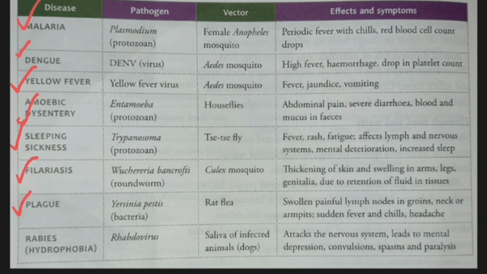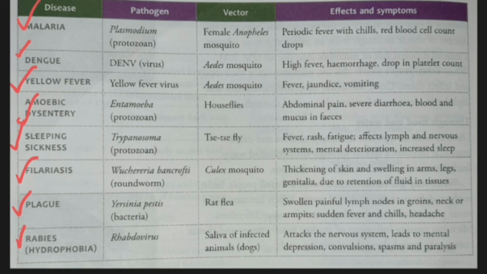And the next and final disease is rabies. That is a very common disease. It is also called hydrophobia, which means people who are infected by it have a phobia of water. The pathogen is the rhabdovirus, and the vector is the saliva of infected animals like dogs, mainly dogs.